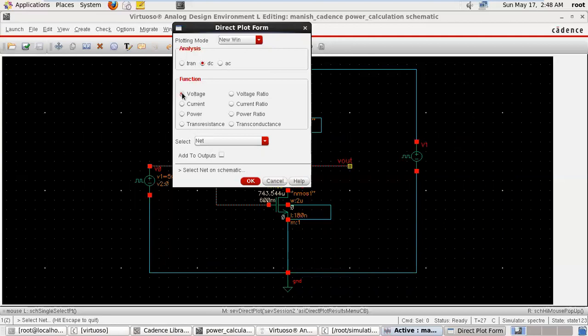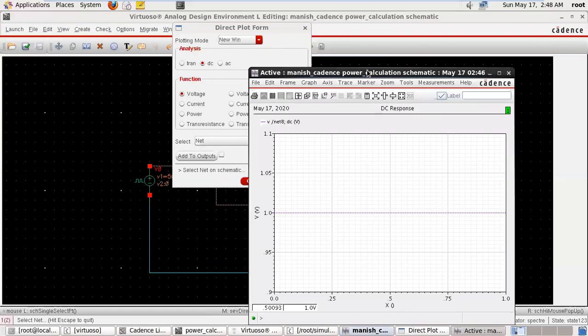When you click voltage, here is the term net. In the case of net, you will get the voltage of that node with respect to ground. In the differential net case, you find the voltage difference of two wires. Instance gives the difference of the two terminals of the instance. So first we are showing the net. When we select net and select the plot, it will give you the output in a new window.